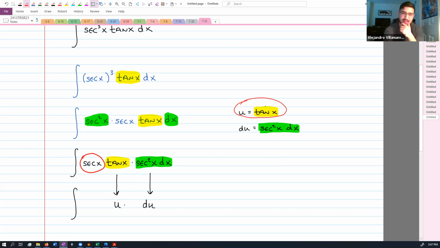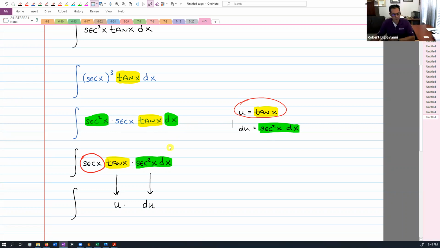Yeah, I just noticed something back on secant square x times secant x tangent dx. Mm-hmm. What did you notice? I noticed that you plugged in secant square x dx for dx, but we all know that du equals secant square x dx. Wait, say again? Well, we found du, right, which equals secant square x dx. Yes. Then you plug that into dx.